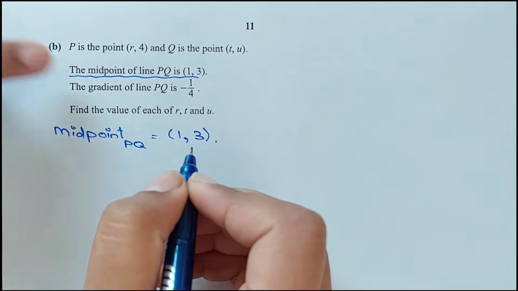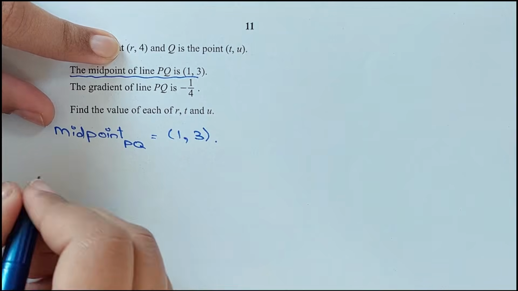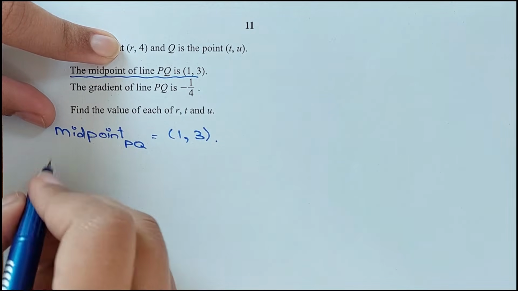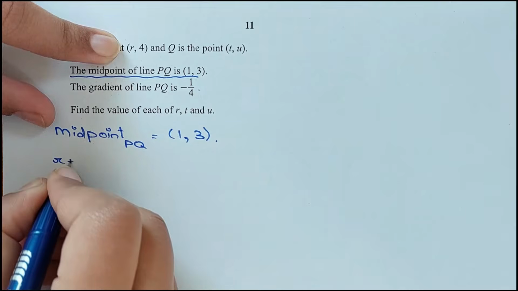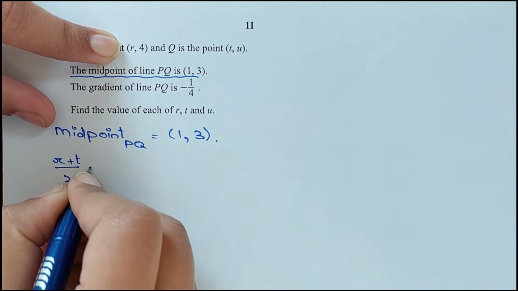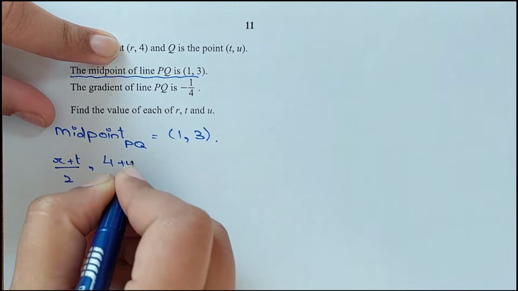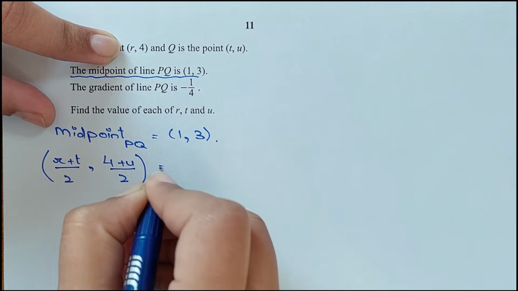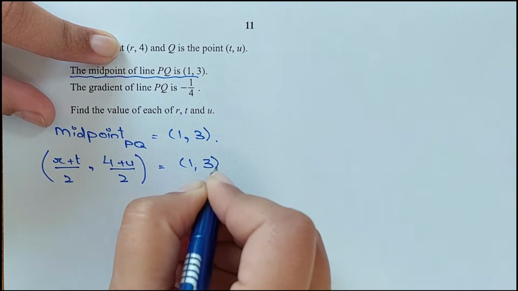The midpoint formula is (x1 plus x2) over 2, comma (y1 plus y2) over 2. So we can say (r plus t) divided by 2 and (4 plus u) divided by 2 equals (1, 3).